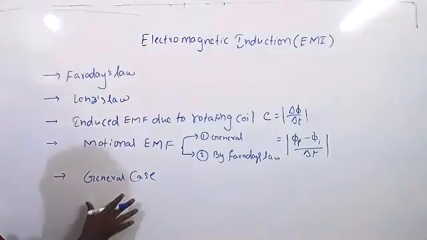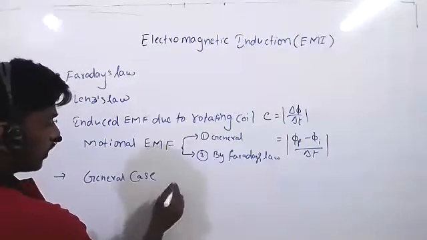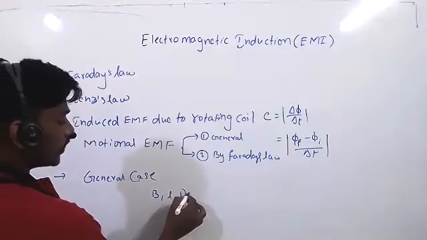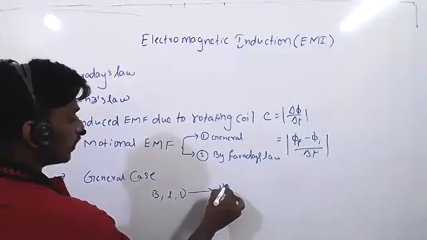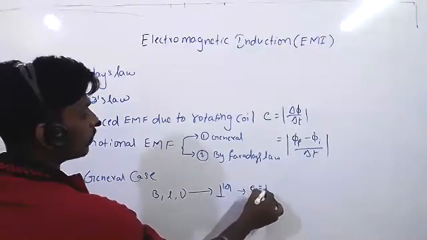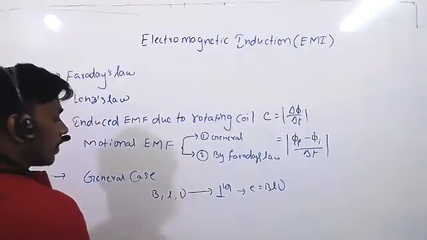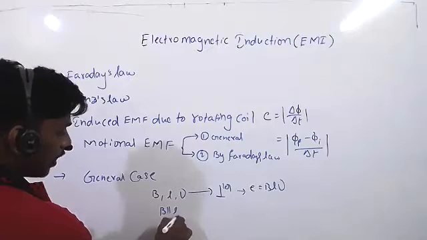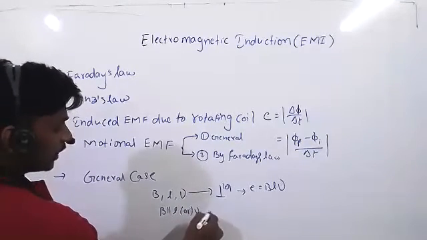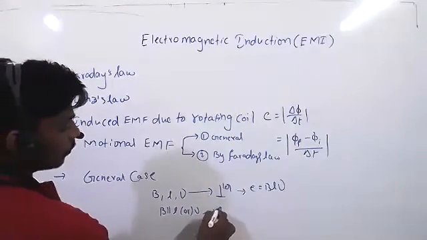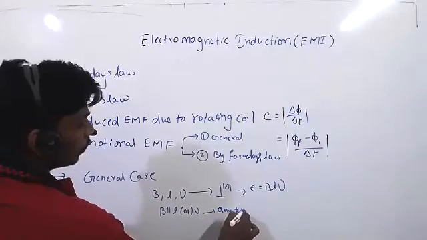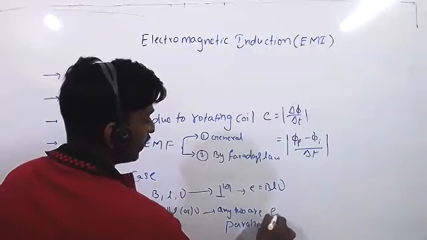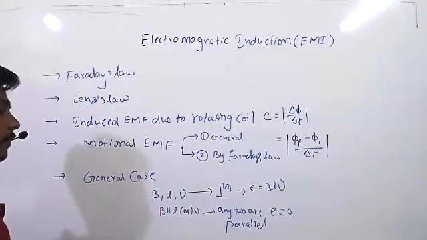So by using the general case, what will we get? Suppose magnetic field, length, and velocity: if these three are mutually perpendicular to each other, then EMF is equal to B L V. If any two are parallel, B parallel to L or V or anything, if any two are parallel, then induced EMF will become 0.